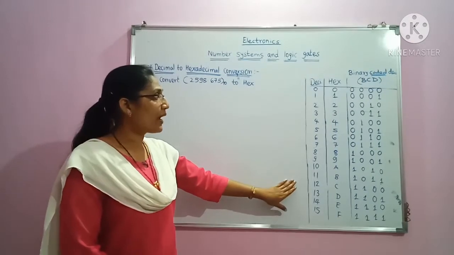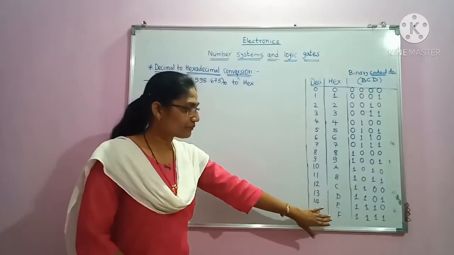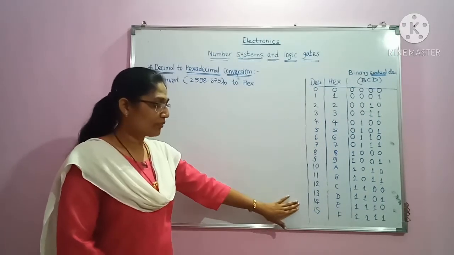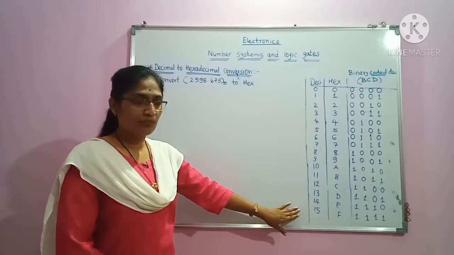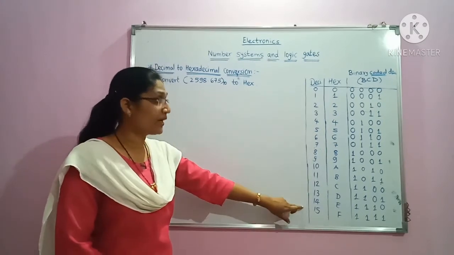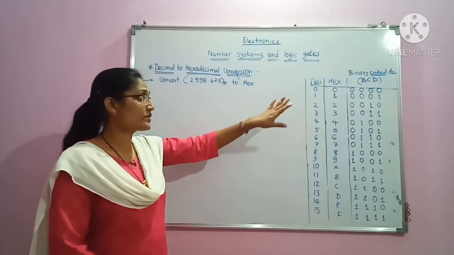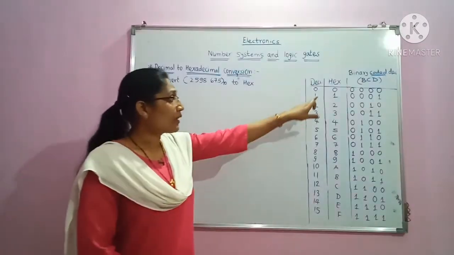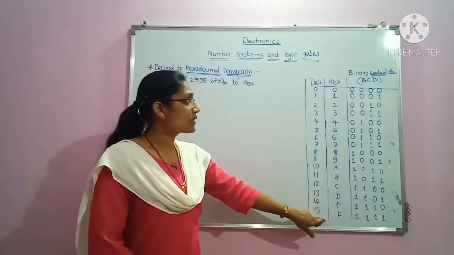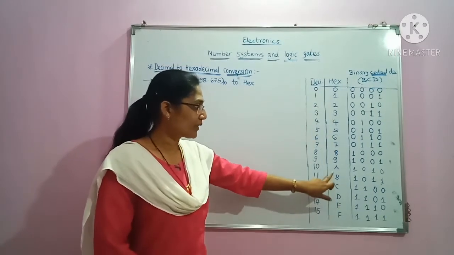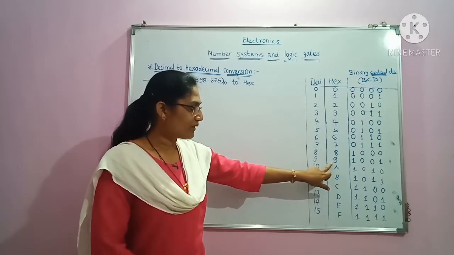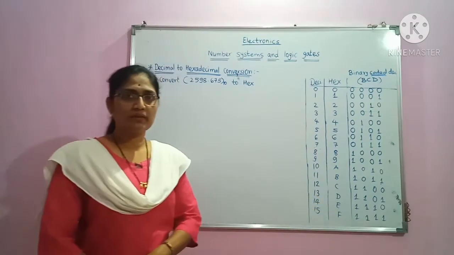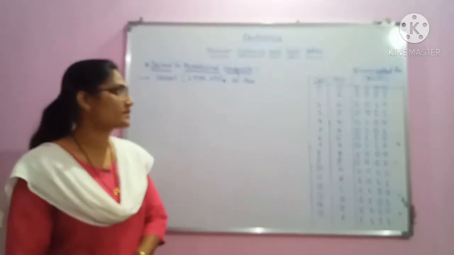In order to have 16 various symbols, we have taken total 16 symbols, that is 0 to 15. Actually decimal number system is restricted from 0 to 9. Then corresponding hexadecimal numbers are 0 to 9, and after that we have to add A, B, C, D, E, F, that is there are 16 symbols.